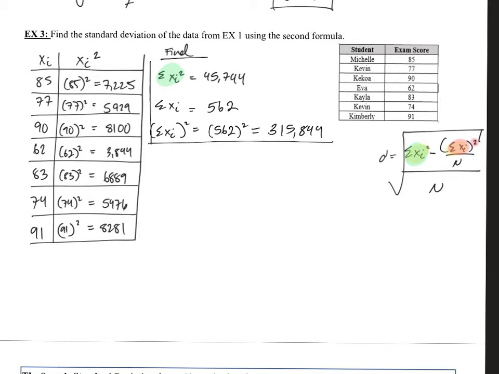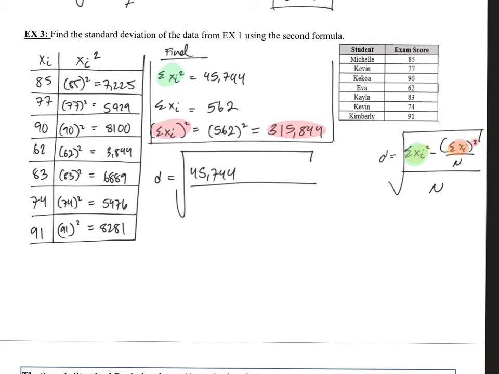Now let's go ahead and plug that into our work. So I'm going to box this off as my side work. And for the formula, finally, let's use this formula. So sigma equals the square root of the green value we had, which was 45744, divided by, and what was our red value? This was our red value here, the item squared.